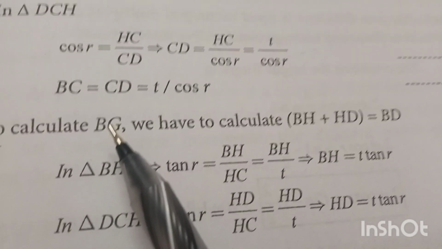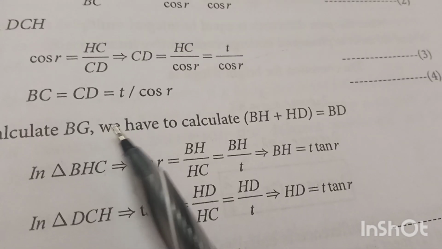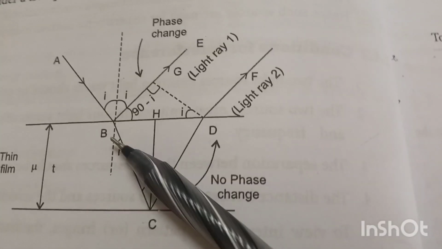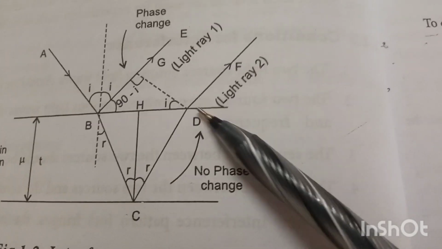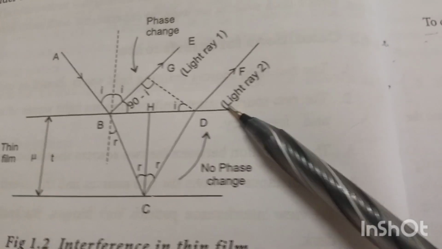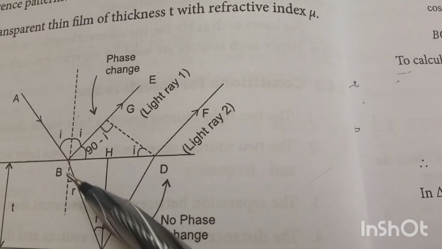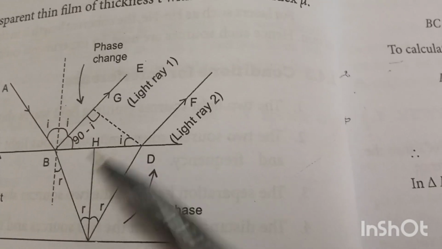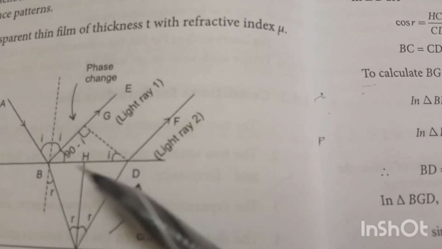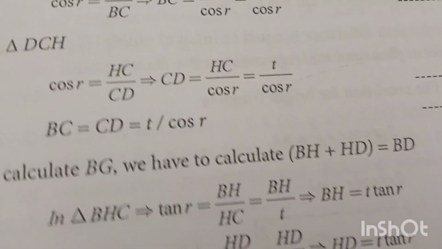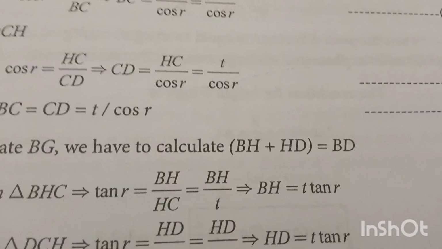If you want to know BG, then first of all you should know the BD value. If you know the BD value, then we can easily calculate the BG value. So initially we calculate the BD value. BD is equal to BH plus HD.